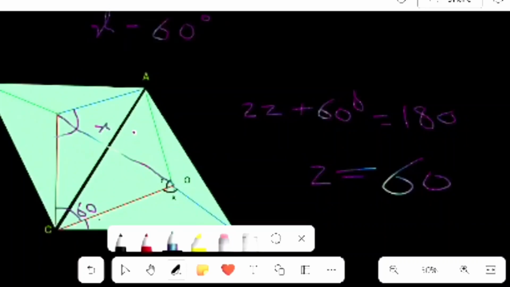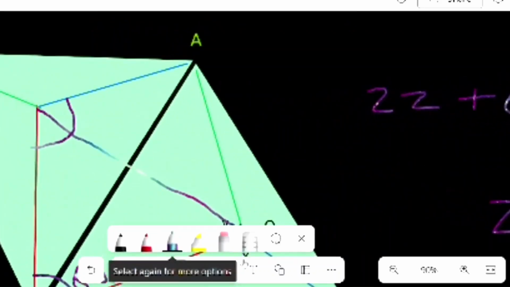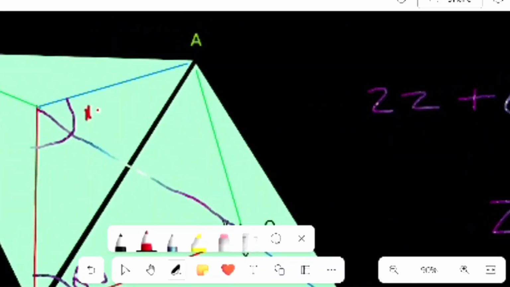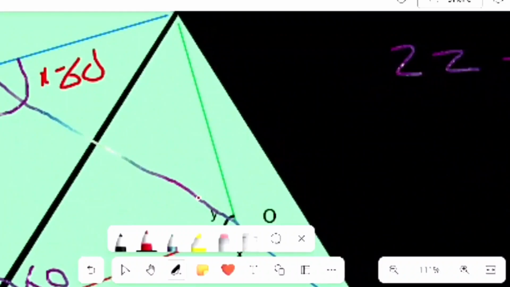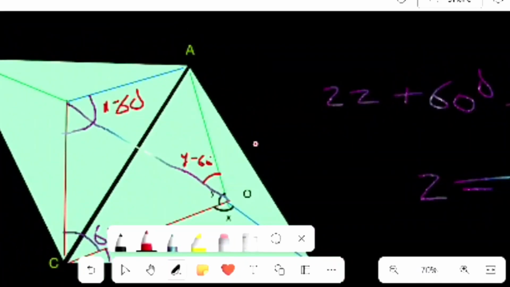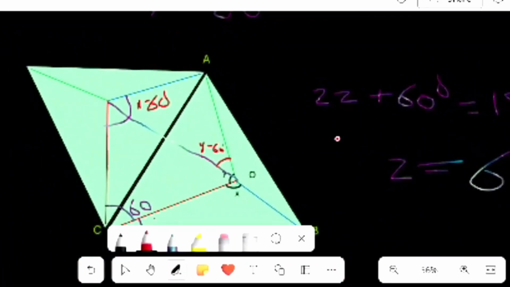Another angle we have to find here: we know that this is 60 degrees because this is an equilateral triangle, and this whole angle is y. Now we can say that this angle is y minus 60 degrees. We can find the remaining angle from the property of a triangle that the sum of all angles of a triangle is equal to 180.